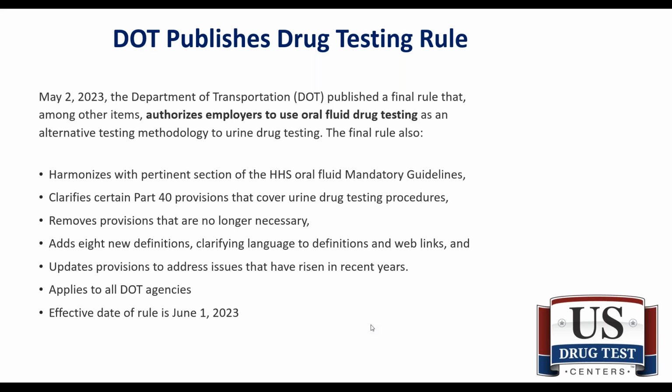So the DOT agencies are the Federal Motor Carrier Safety Administration, or FMCSA, the Federal Aviation Administration, or FAA, Pipeline and Hazardous Materials Safety Administration, or PHMSA, Federal Transit Administration, or FTA, Federal Railroad Administration, or FRA, and also United States Coast Guard, USCG, regulated by actually the Department of Homeland Security, but they follow DOT drug and alcohol testing rules.